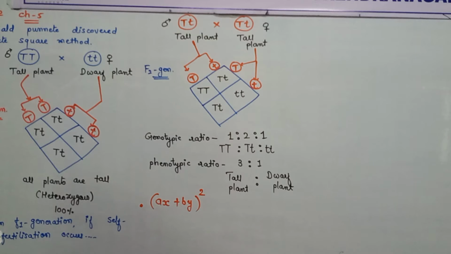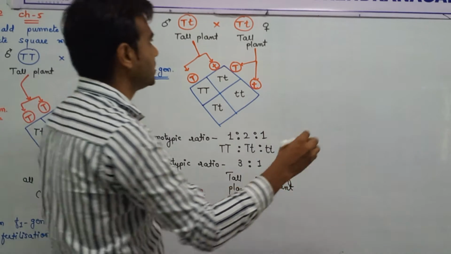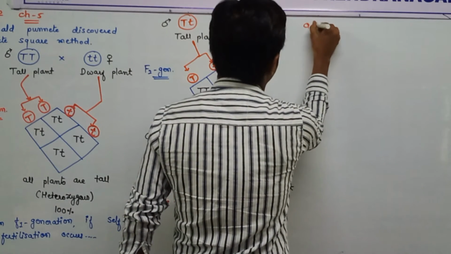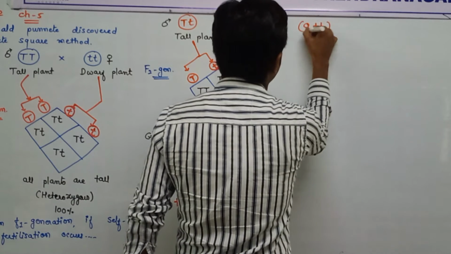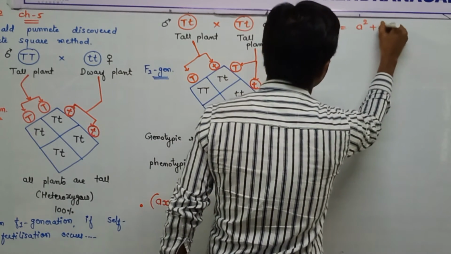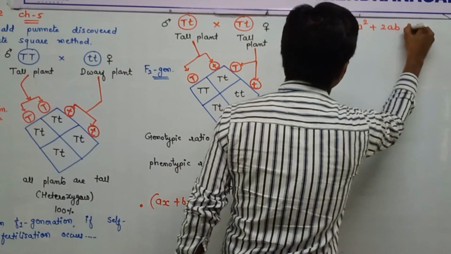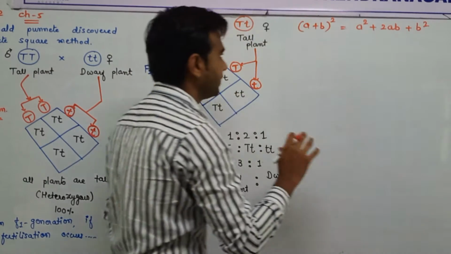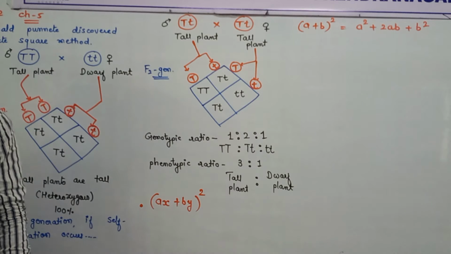You know that (a + b) whole square is equal to a square plus 2ab plus b square. It is very easy to understand.